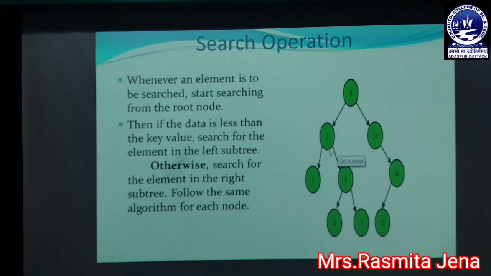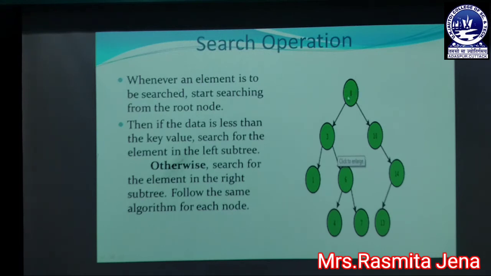First we will see the searching operation. Whenever an element is to be searched, the search starts from the root node. That means when we search for a particular element, we start the search operation from the root node of the tree. The element to be searched is first compared with the root node key.